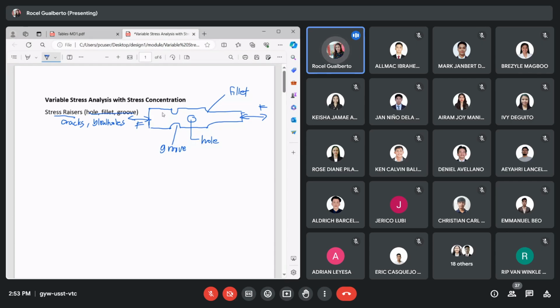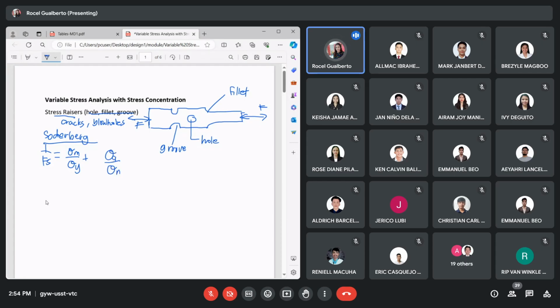Okay? So, how do we design these members? Okay? So, ganun pa rin po. Okay? Since variable stress po, ang gagamitin pa rin natin is the Soderberg and the Goodman equation pa rin. Okay? So, we recall the Soderberg. Okay, 1 over Fs, okay, equal to sigma m over sigma y plus sigma a over sigma n.